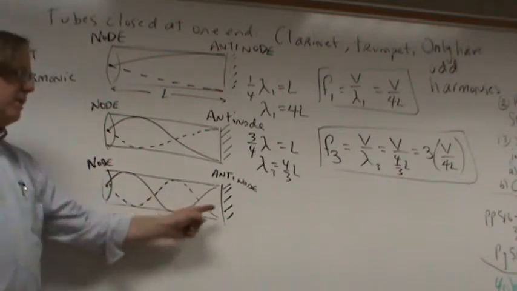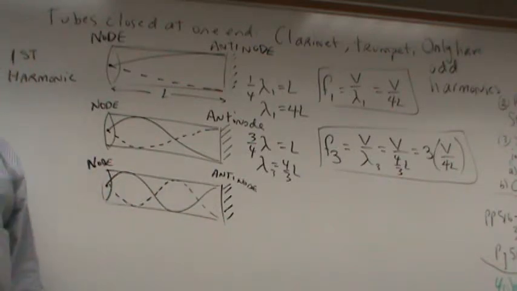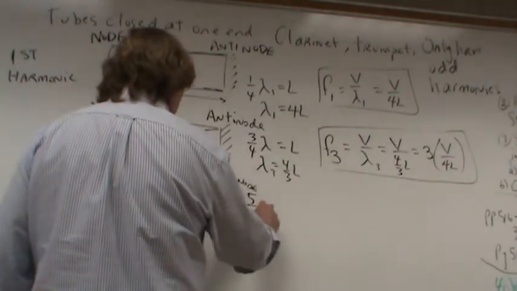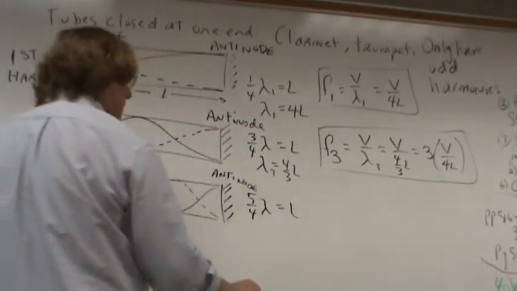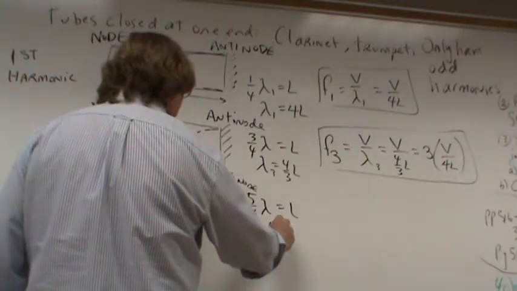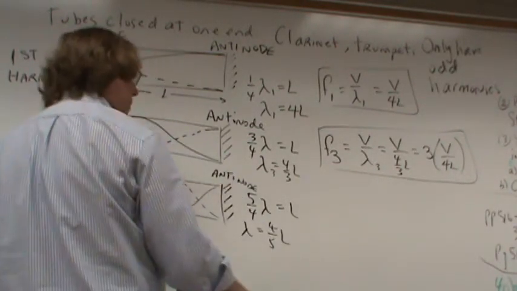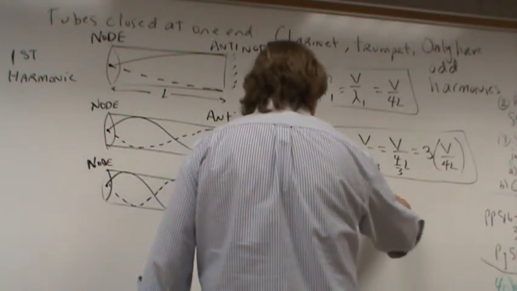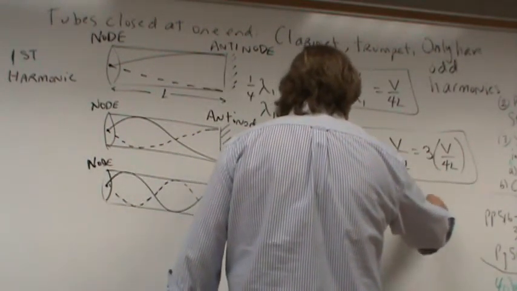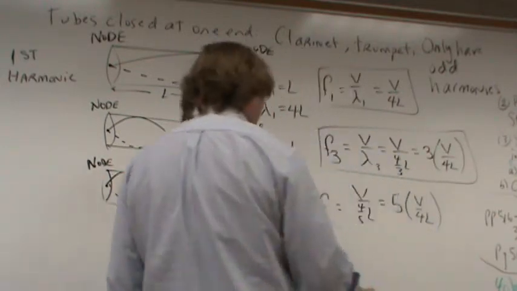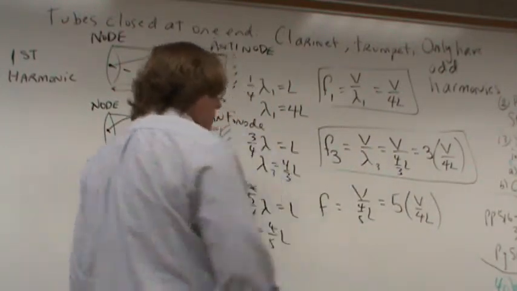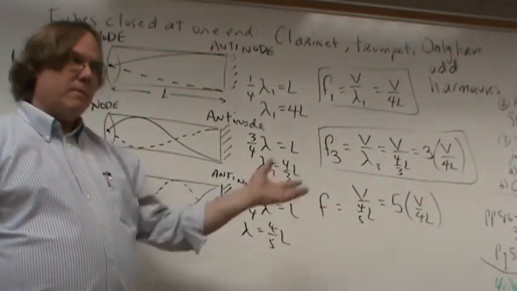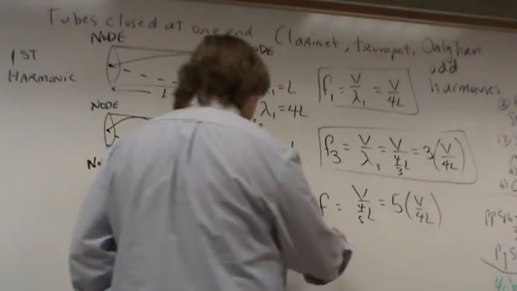From there to there? 1 1/4. Thank you, 1 1/4. Thanks, Imani. 1 1/4, or 5/4. 5/4 wavelengths equals L, which means my wavelength is 4/5 L. So this frequency is going to be V over 4/5 L, which is the same as 5 times V over 4L. So which harmonic is this guy? Fifth harmonic, yeah.